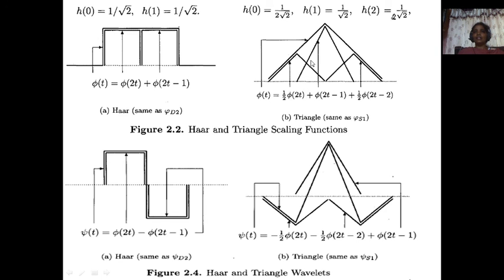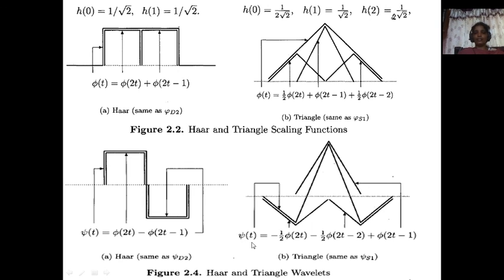And for the next reference, suppose the scaling function is a triangular function, given like this. Then the coefficients related to the scaling function are h of 0 equal to 1 by 2 root 2, h of 1 equal to 1 by root 2, h of 2 equal to 1 by 2 root 2. Then the corresponding triangular wavelet function is going to be given like this.